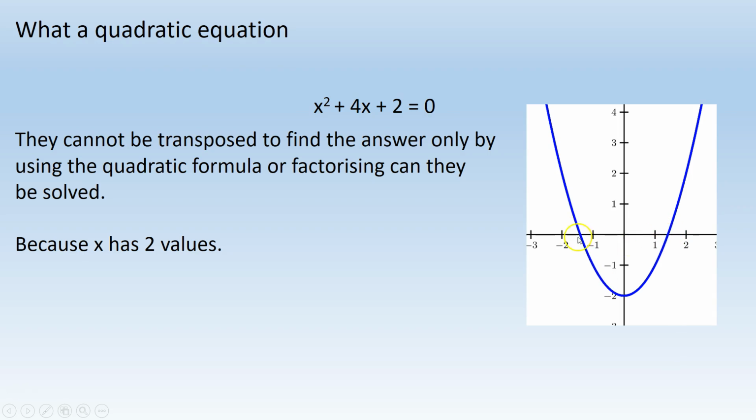So that's why we can't transpose the formula. We need to actually use the formula because x has two values. This graph is just to show you, it doesn't actually relate to this equation up here. It's just to show you that x has two values.